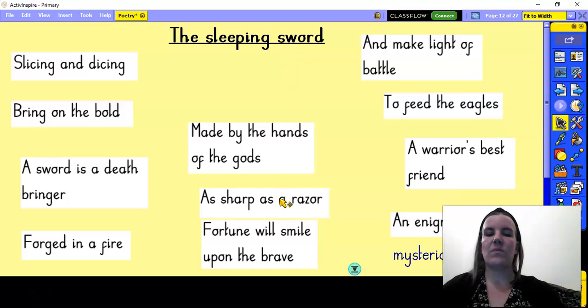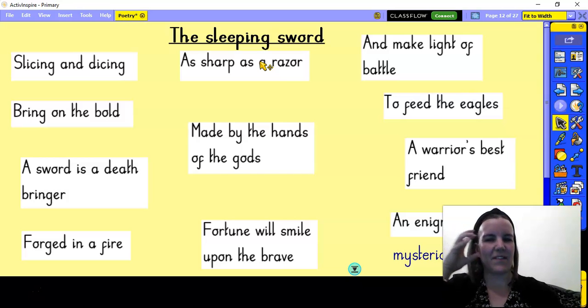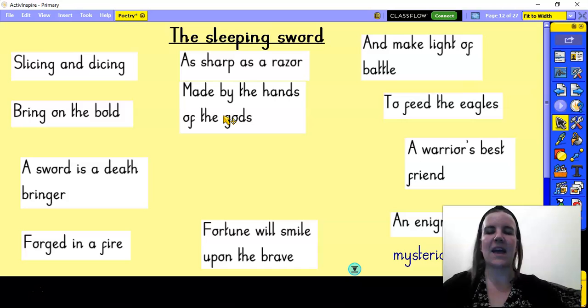I'm going to start off with a simile at the beginning, as sharp as a razor, and then to make a little bit of a figurative idea, put a bit of an image in my reader's mind, I'm going to say made by the hands of God. Okay, so it adds a little bit of description there.